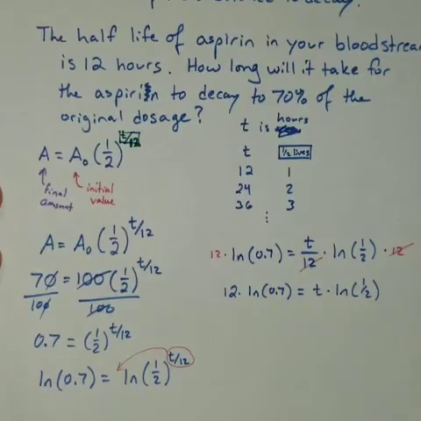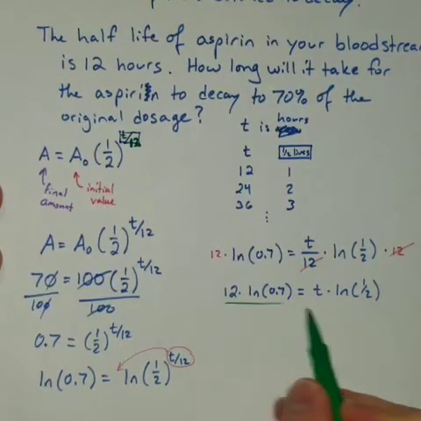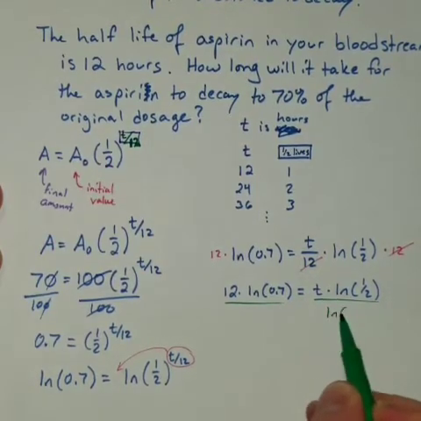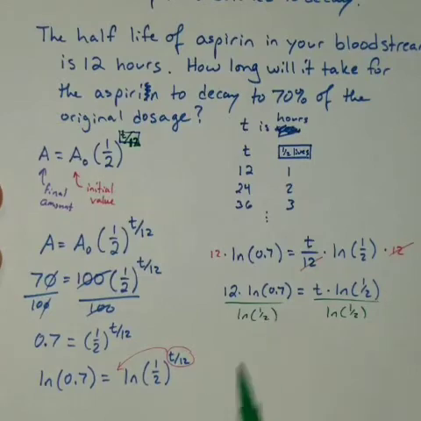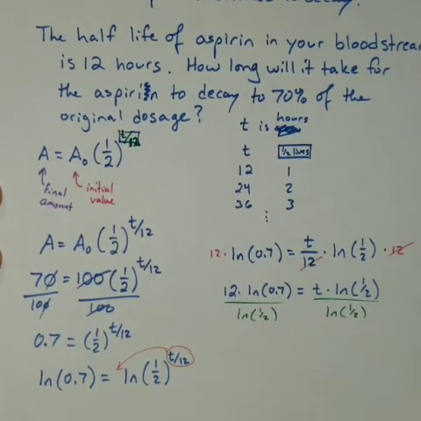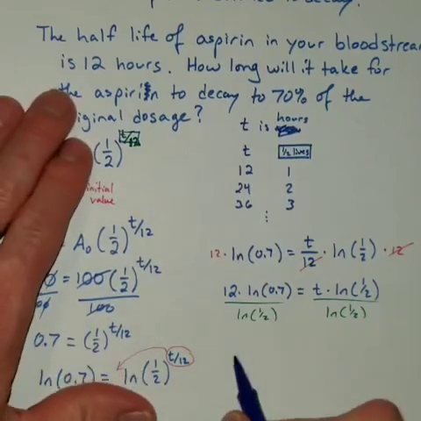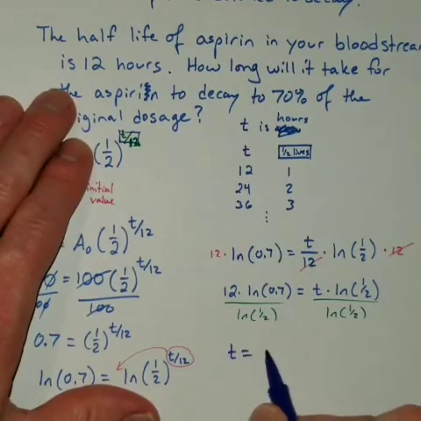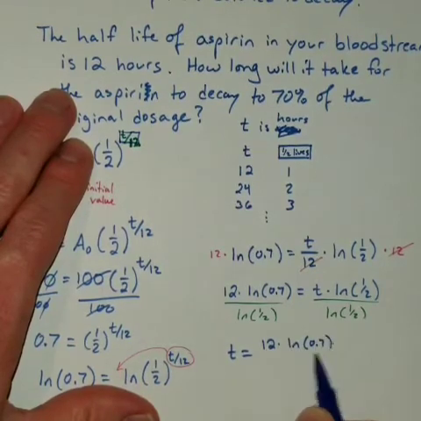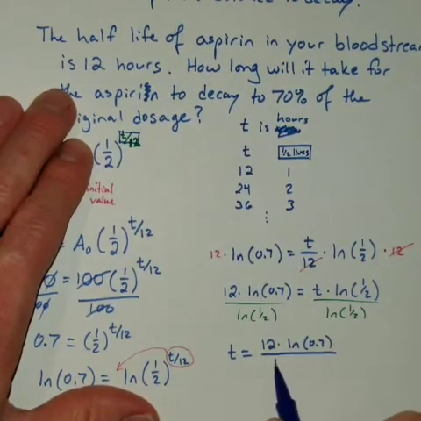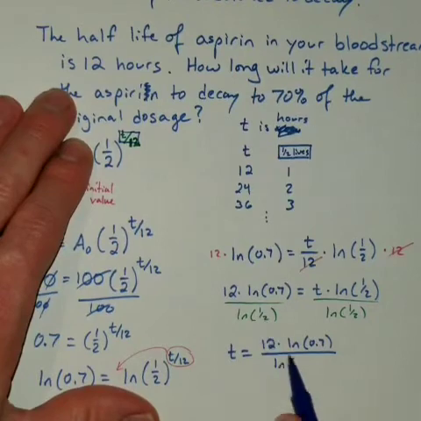If I then divide out the natural log of 1/2 from both sides, that should free up the t value. So now t is equal to 12 times the natural log of 0.7 divided by the natural log of 1/2.